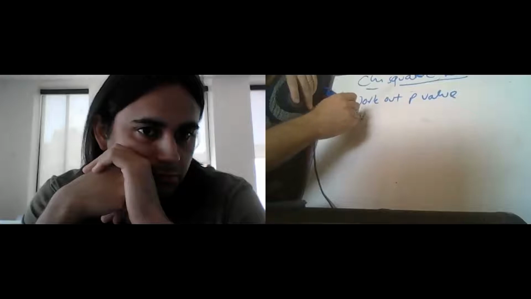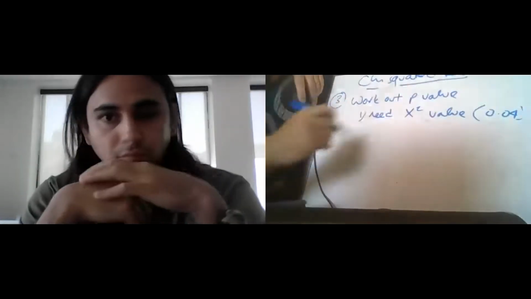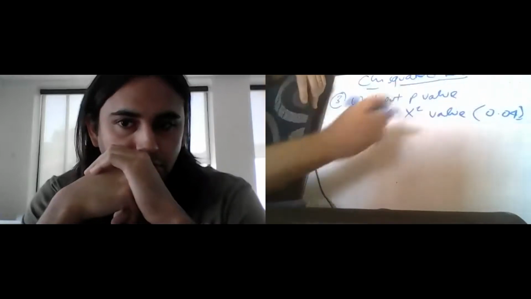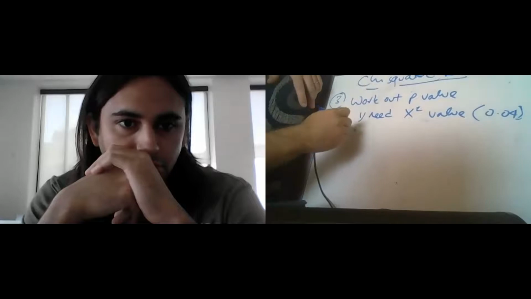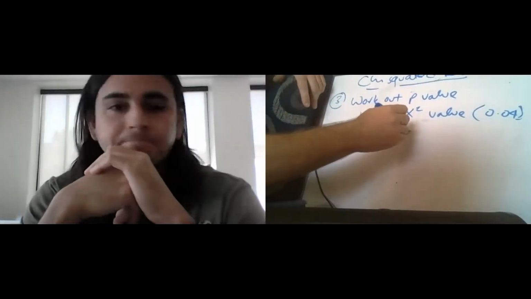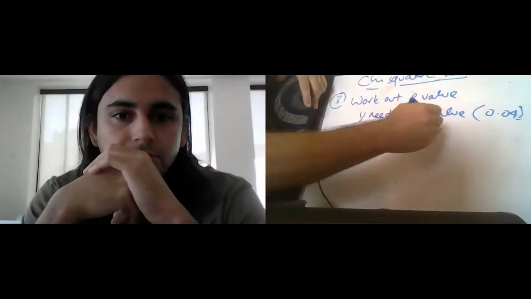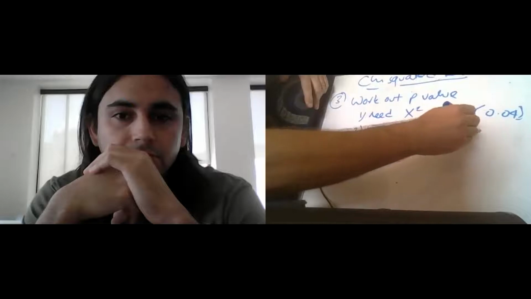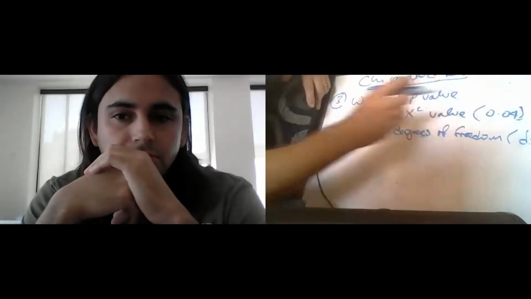So one, we need the chi-square value, which is 0.04, which we got from step 2. Two, we need the degrees of freedom, called df.